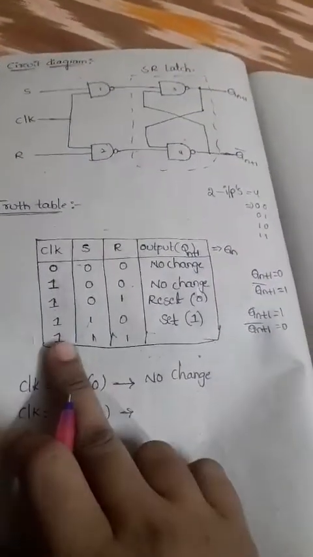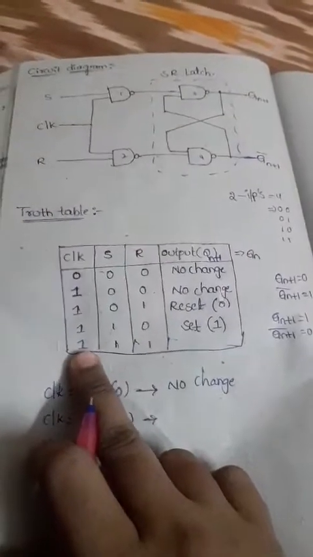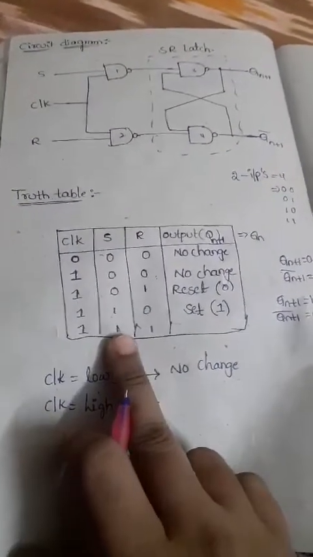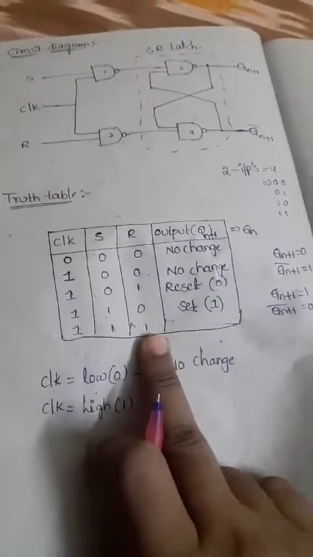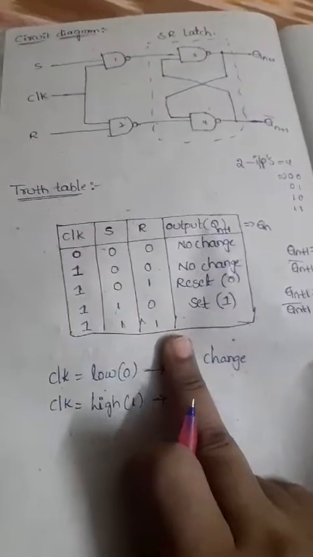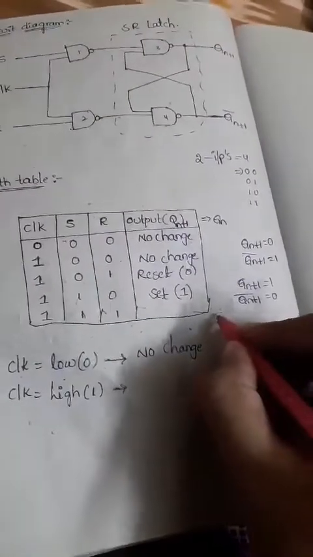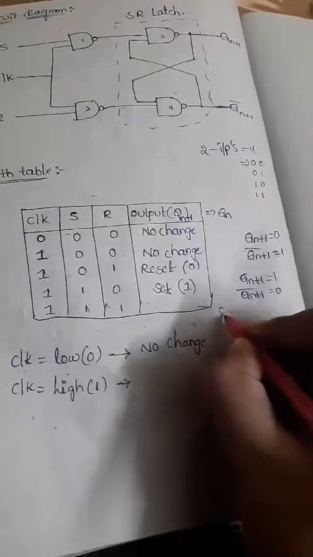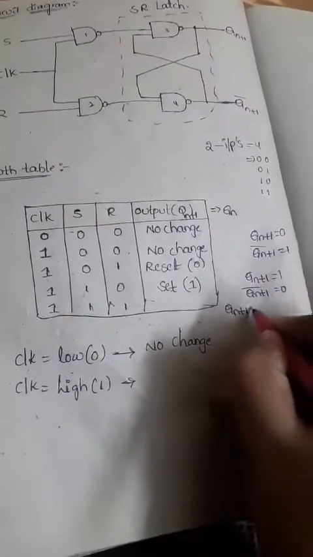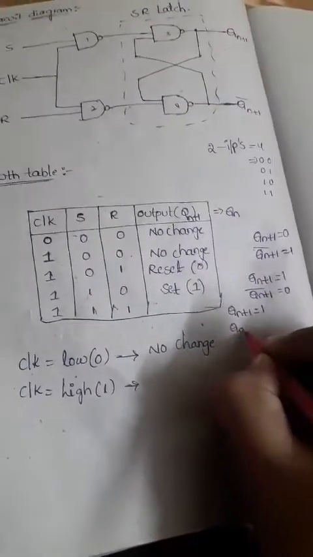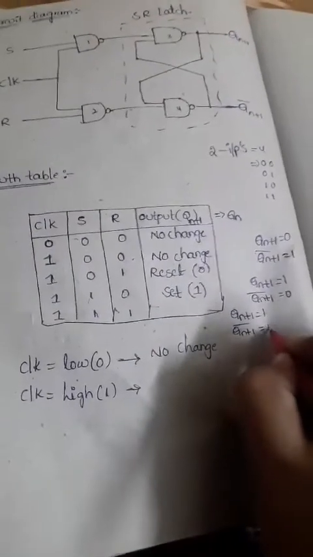Now coming to the last case. Whenever the clock input is high, S input is 1 and R input is 1, so both the inputs are 1 1. Then the flip-flop outputs are Qn plus 1 equal to 1 and Qn plus 1 complement also equal to 1.